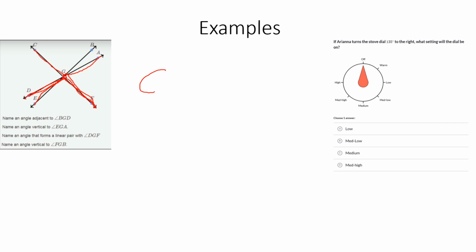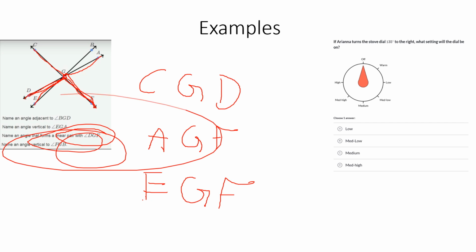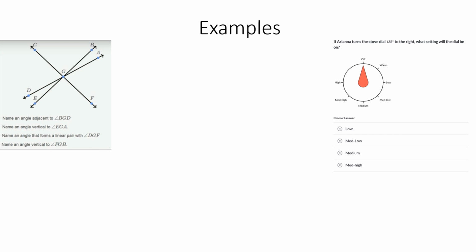So we have CGD. We also have AGF and EGF. Oh, that looks like an F, kind of. My bad. These are all linear pairs. Okay, let's delete this.